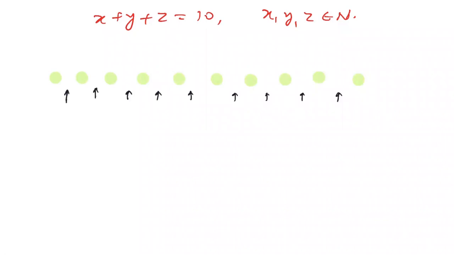In these 9 gaps, we have to give 2 separators. We know that in 9 gaps we can select 2, and in these 2 we have to give the separation, like one is there, the other is there. So it is divided into 3 parts, and everywhere you'll get at least one number.